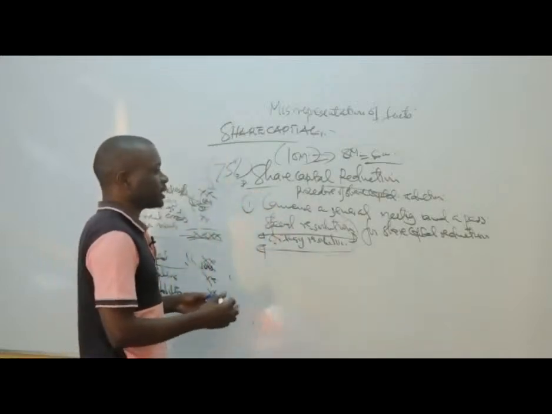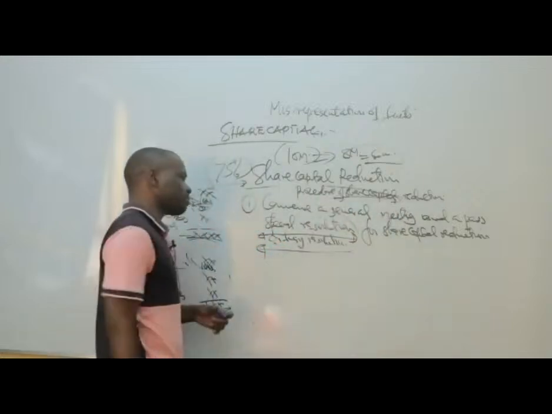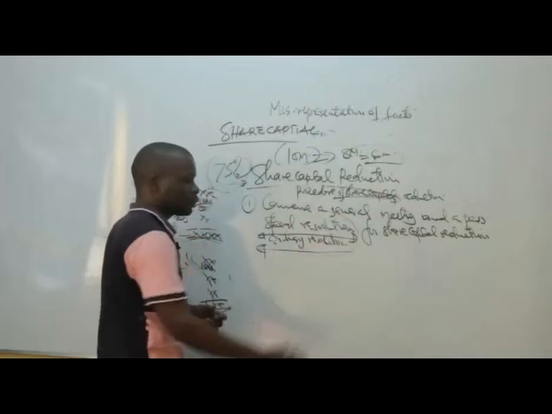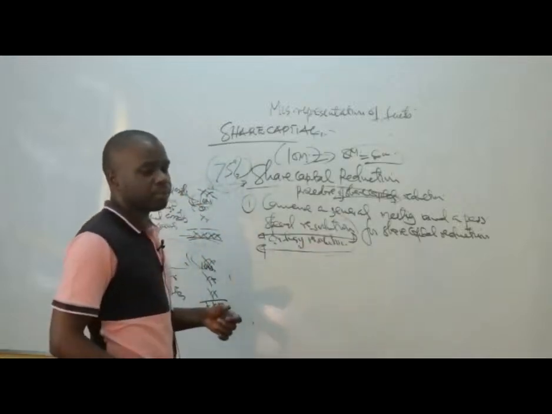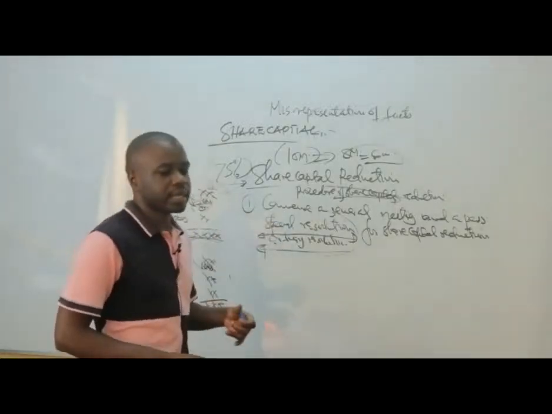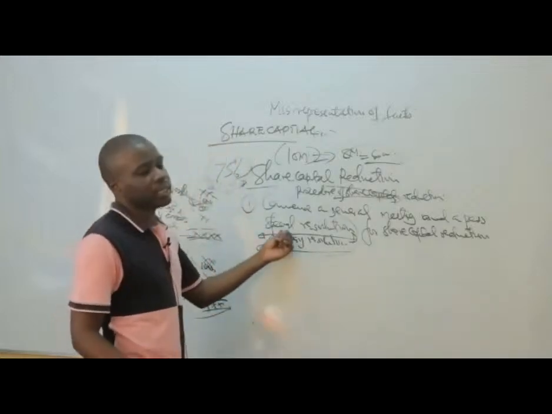But for things like share capital reduction, since they are very crucial, they must be approved by a supermajority, or a special resolution. Other things like change of articles require a special resolution. Change of name of the company requires a special resolution.